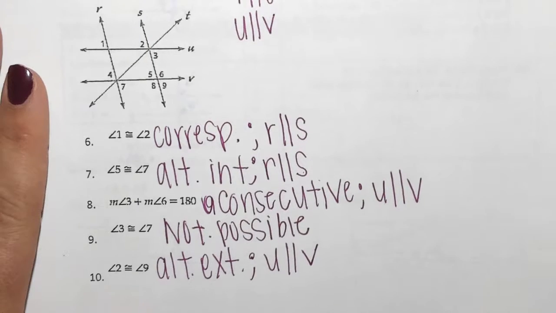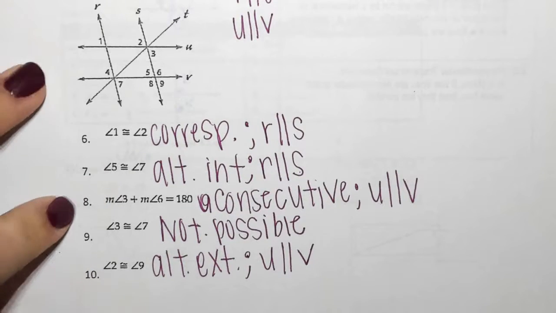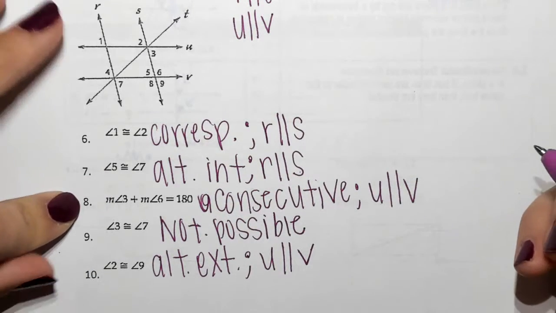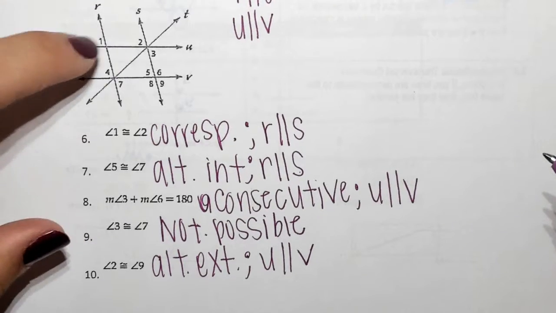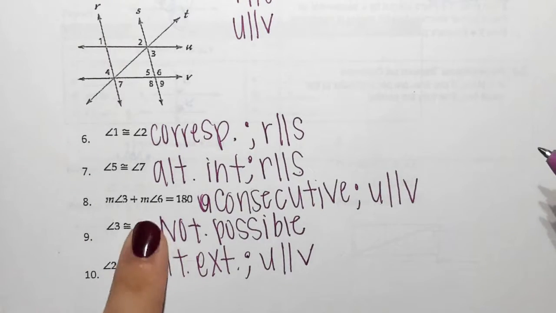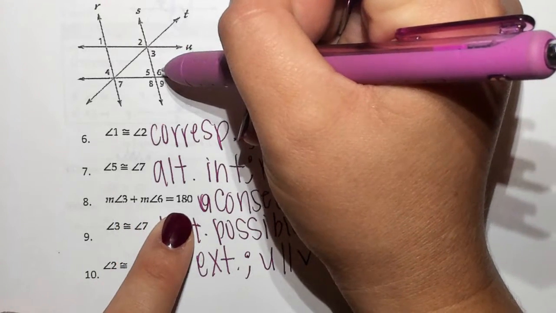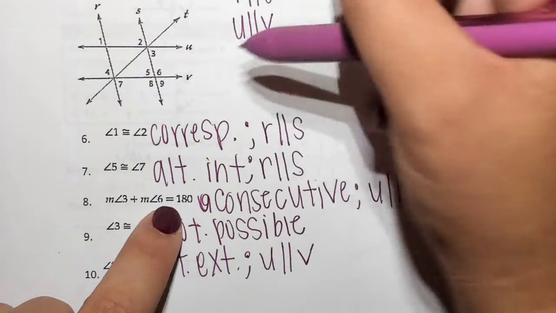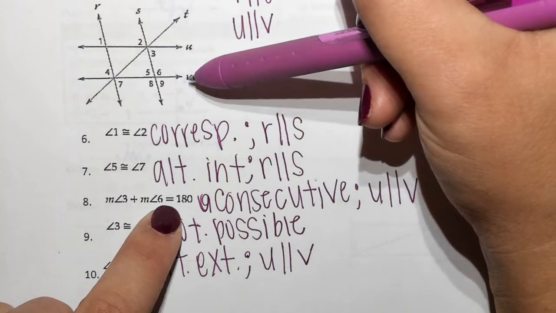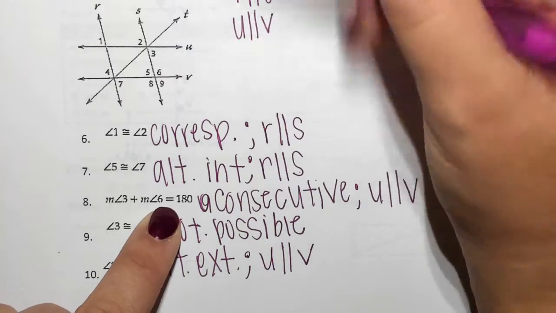Yes, ma'am. I understand how on 5 and 8, when you guys are like, how I went over what's parallel? Is that what you're asking? Okay, so 3 and 6, their relationship is consecutive, which means if angle 3 plus angle 6 equals 180, then U is parallel to V. You know to use U and V because those angles are on those two lines.